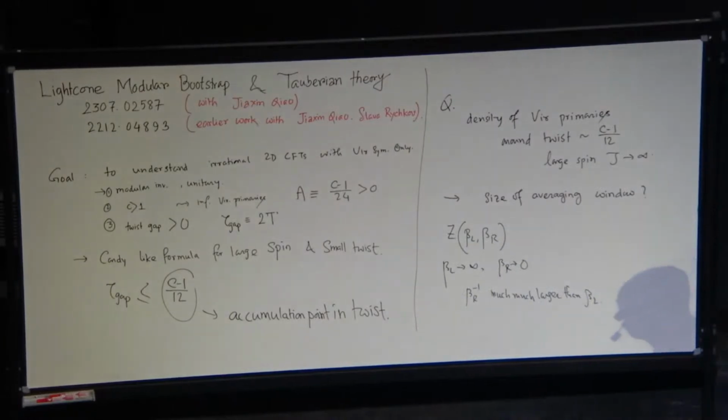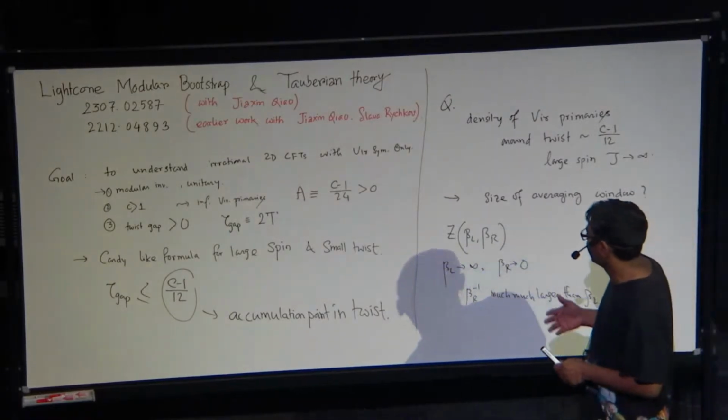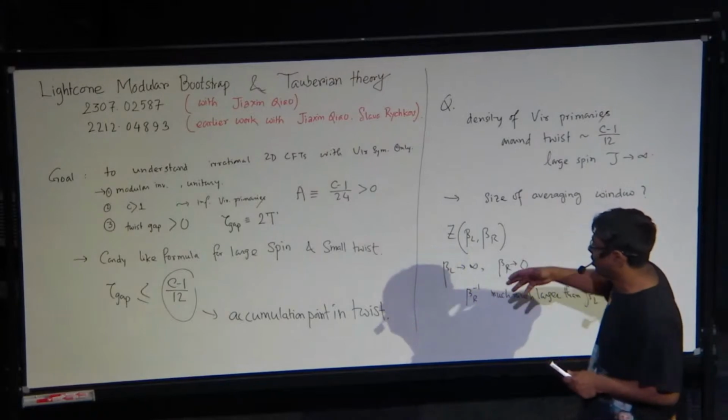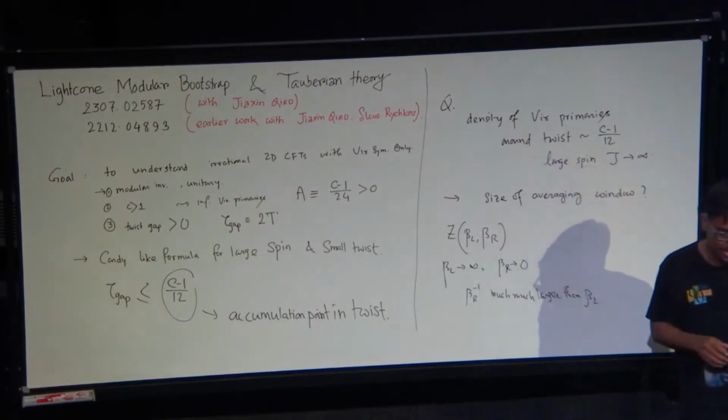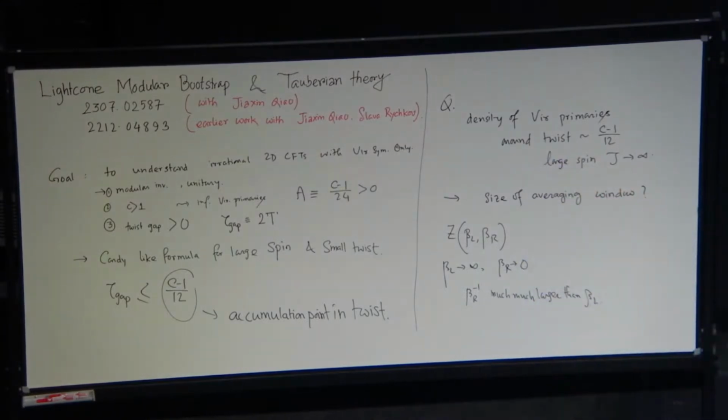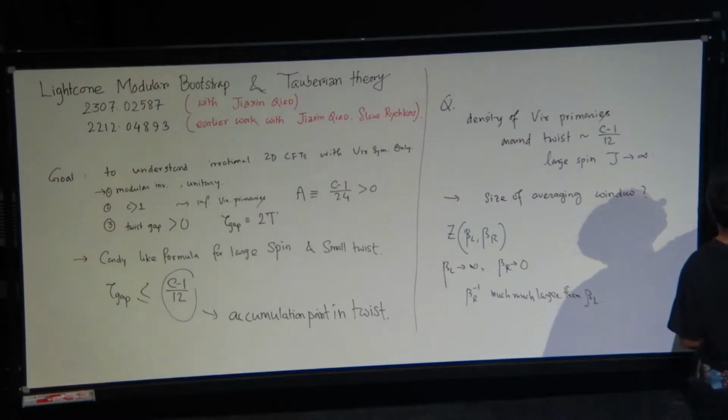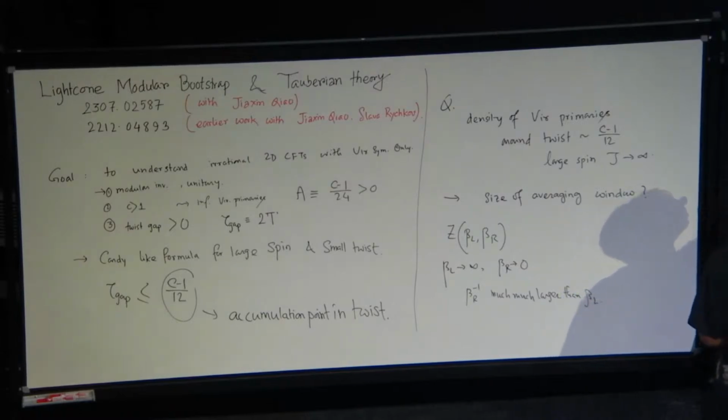Okay. So let me first briefly review how this kind of problem is set up and how we can access the averaging window by smearing the density of states in a very general framework. So let me review the usual Cardy formula.